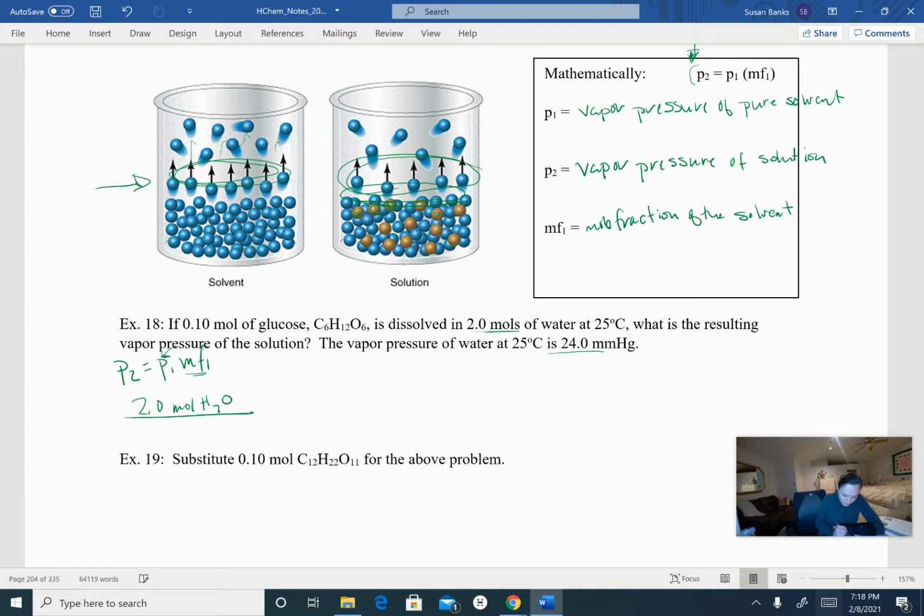And then mole fraction, remember, is moles of what you're interested in divided by total number of moles. So in that solution, I've got water and the glucose. So I have to put the 2 moles of water plus the 0.1 mole of glucose.